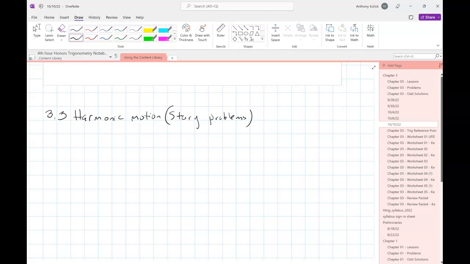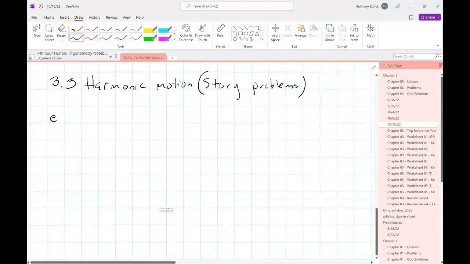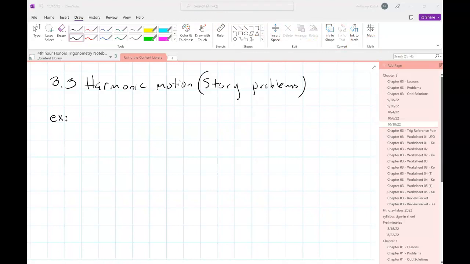So what kind of physical situation would we need to describe using a sinusoid equation? Anything where you have an object that's spinning, right? Like a gear that's spinning or a Ferris wheel, something that we probably have a better frame of reference for.